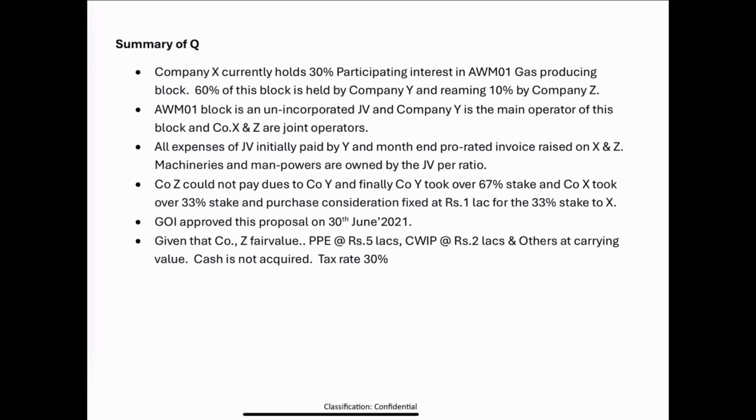In this example, Company X currently holds a 30% participating interest in a JV called AWM01, which is engaged in a gas producing block. Company Y holds 60% and company Z holds the remaining 10%.